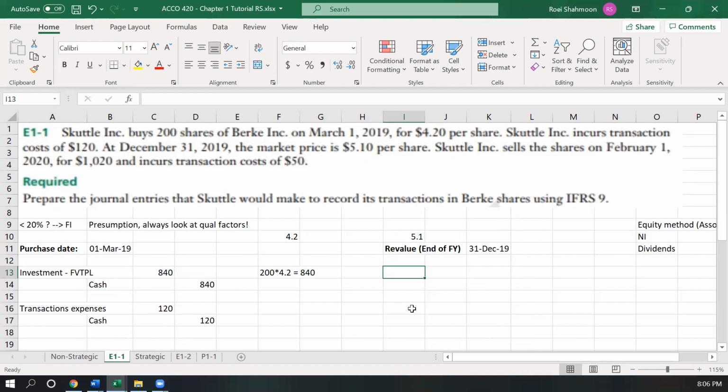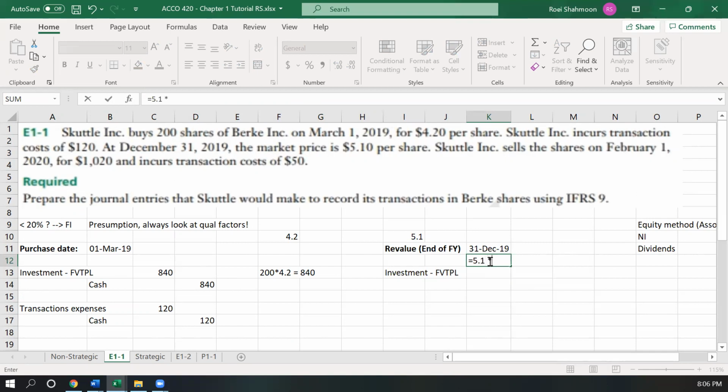Now, this is a little bit tricky, but I want you to remember, this is currently what I have on my books. I have an investment of 840. Some people get a little confused and they would tell me, look, I want to put investment FVTPL of 5.1. So if I do 5.1 times 200 shares, that's going to give me 1020.